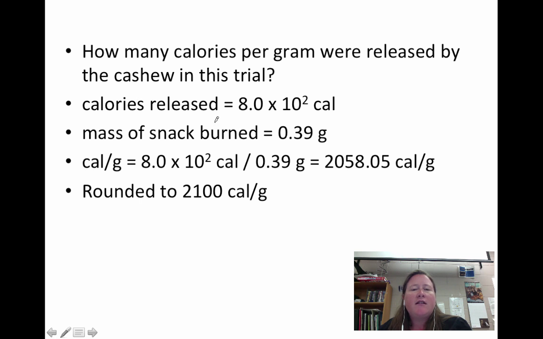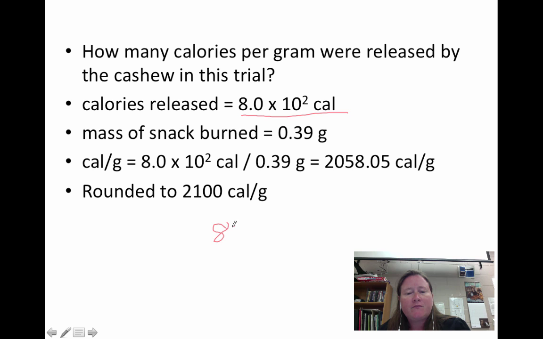We already calculated that the calories released is 8.0 times 10 to the second calories, which is about 800. We know that the mass of the snack burned is 0.39 grams. So to get calories per gram, we take 8.0 times 10 to the second power calories divided by 0.39 grams.